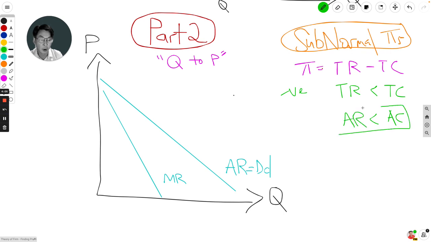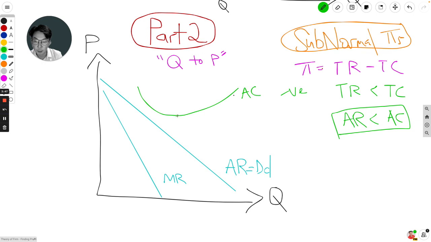So this is a very important point, because the average cost curve that we now want to draw has to be above the average revenue. Okay, so I've drawn in the AC now. I'm going to draw in the MC.